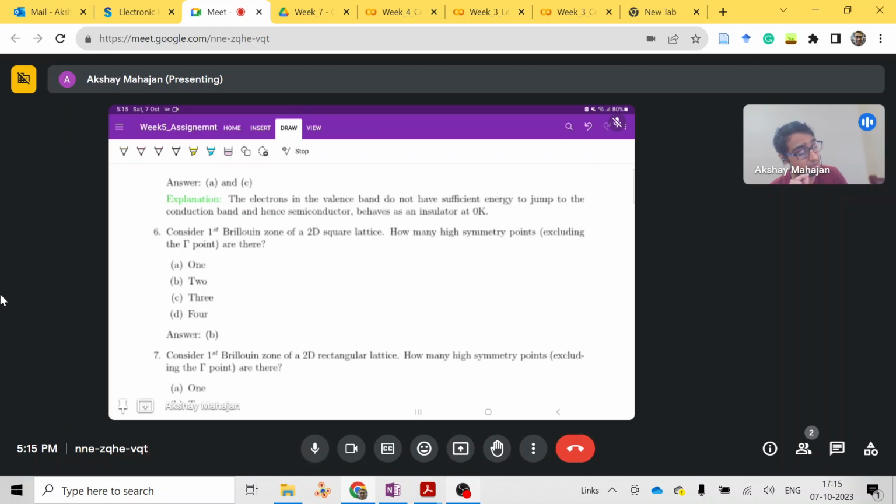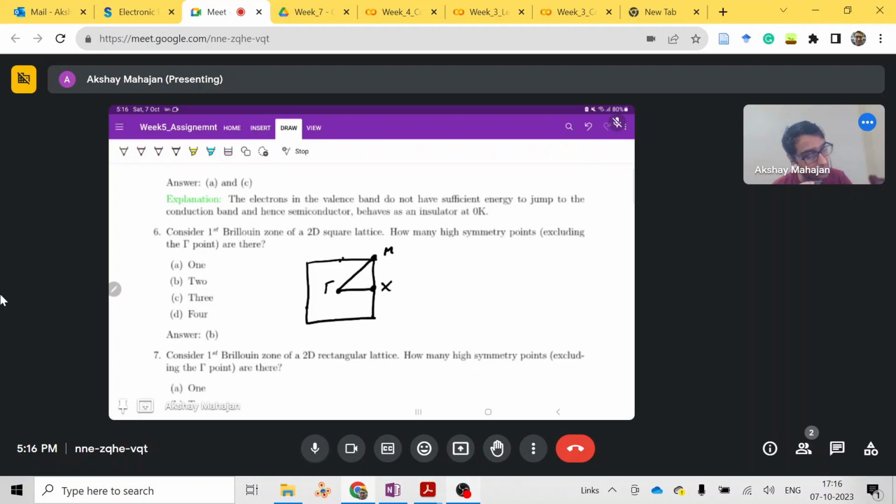Okay, now we have to consider the first Brillouin zone of a 2D square lattice. How many high symmetry points excluding the gamma point are there? For a 2D square lattice, if I have a square lattice and this is my gamma point, then since this is a square one, I just need to take this one point and call it X. This is my gamma point, gamma, X, M, and the Y point will have the same plot, because this is a square lattice.